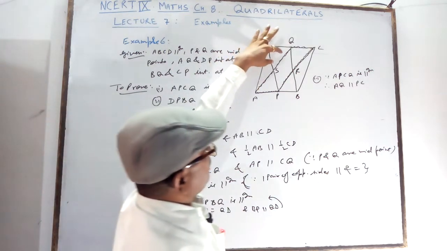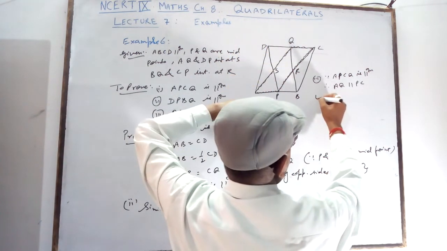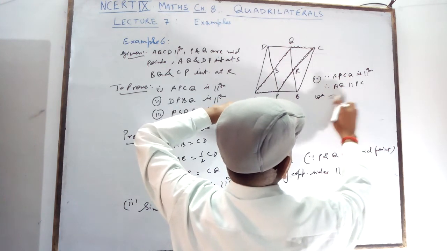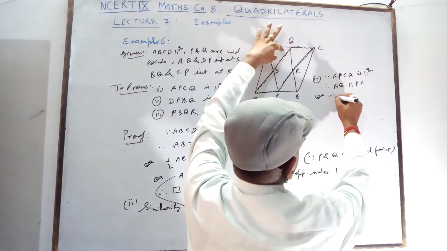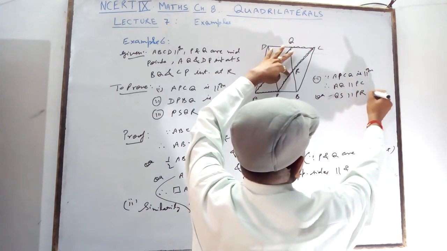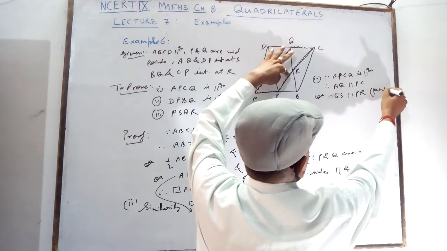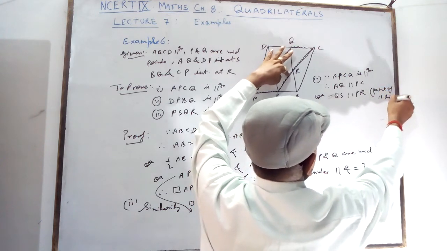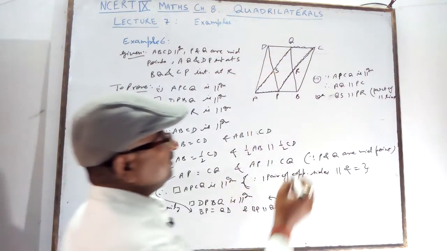And then what about QS and PR? AQ's part is QS, so QS is parallel to PR, part of a parallel line.